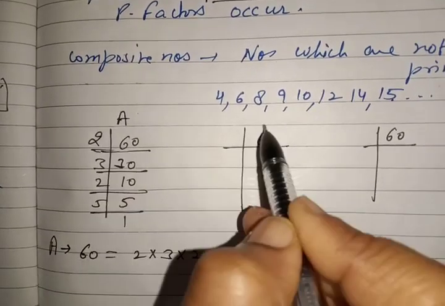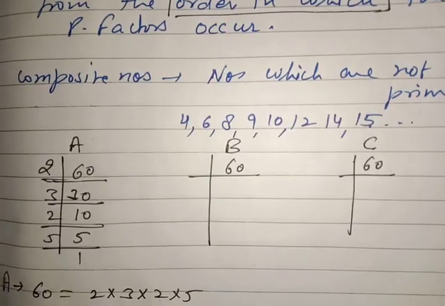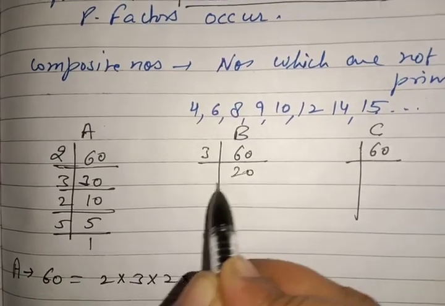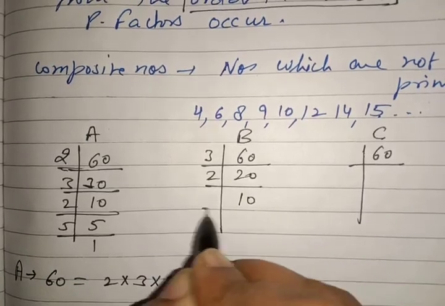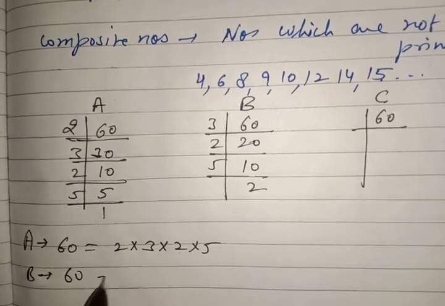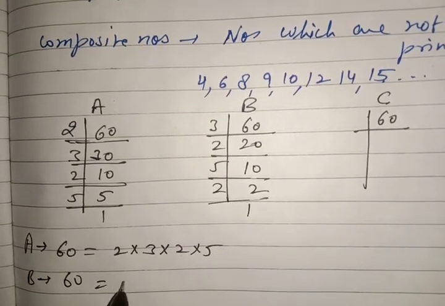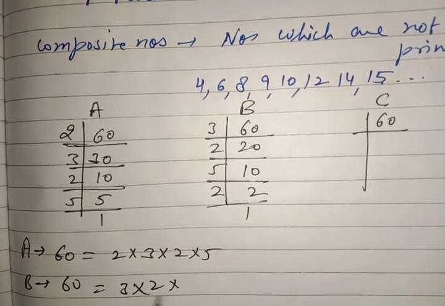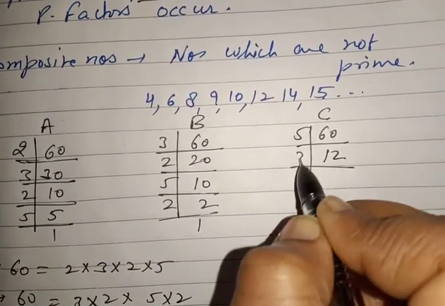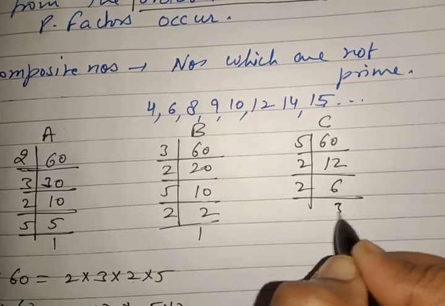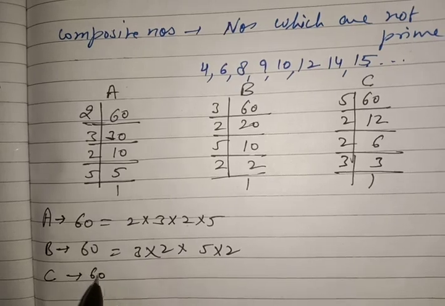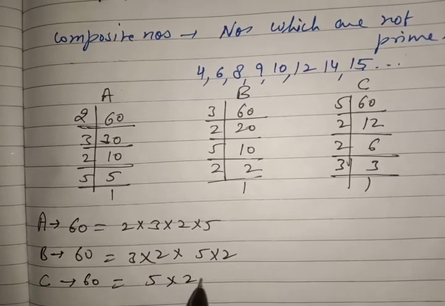There is 3 students, A, B and C. Now second student start prime factorization with 3, suppose 20, then 2, then 10, then 5, then 2. So B student answer of 60 is 3, 2, 5, 2. Then third student starts with 5. Third student C writes factors of 60 as 5, 2, 2 and 3.